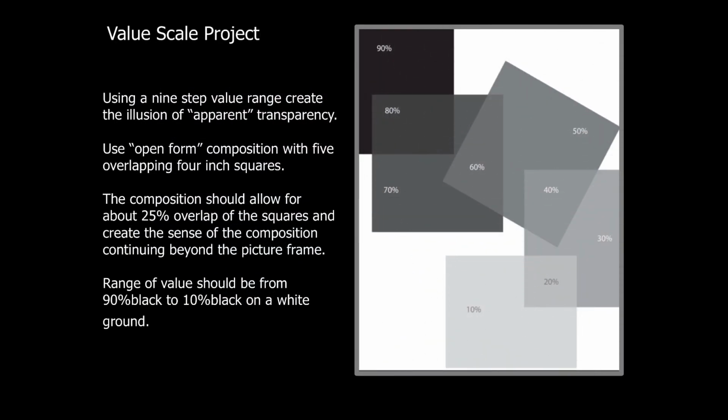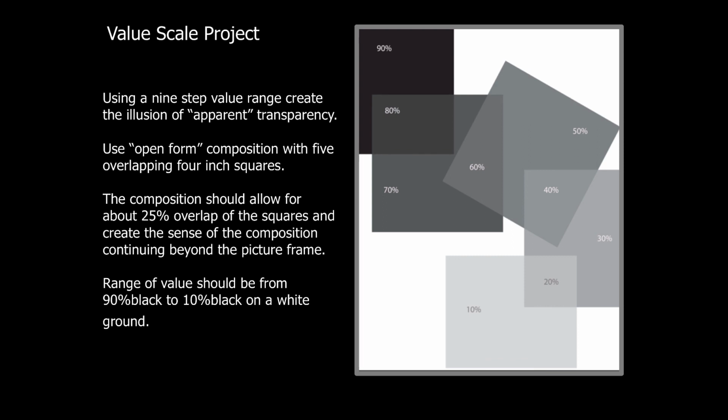So our next project is going to be to create this value scale. So it's going to be open form composition, where we want to create the sense that the composition is moving off the picture frame and starting off the picture frame. You're going to use 5 rectangles that are all going to overlap each other, and they're going to create the illusion of apparent transparency. So we'll start in one corner, it doesn't matter what corner, and we'll work to another corner.